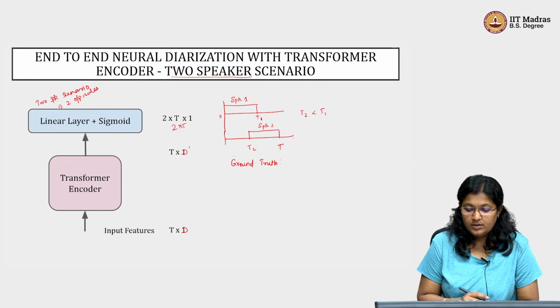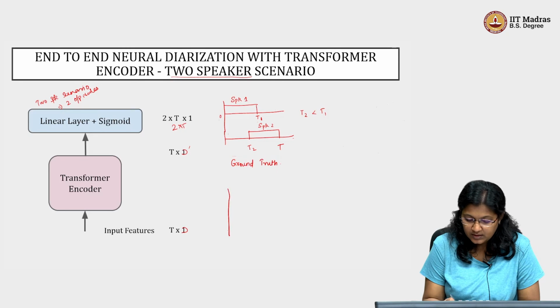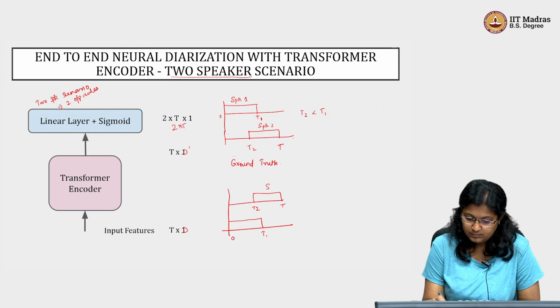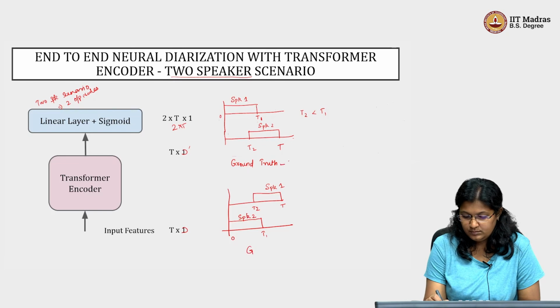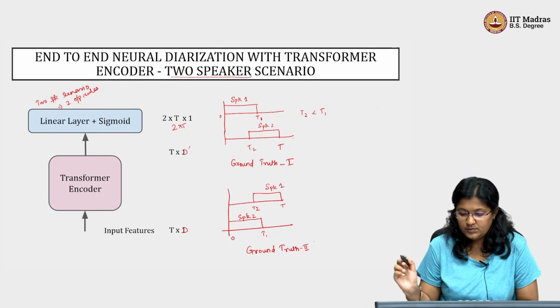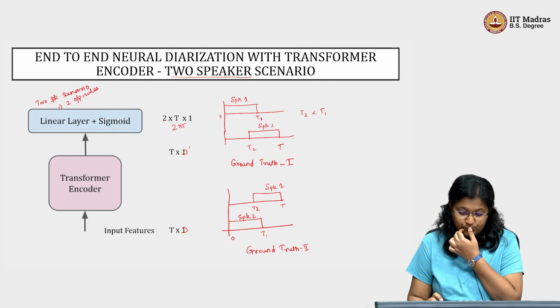Okay. Now how is this different from the other ground truth? This is ground truth 1 and this is ground truth 2.